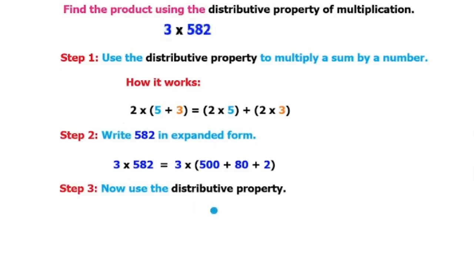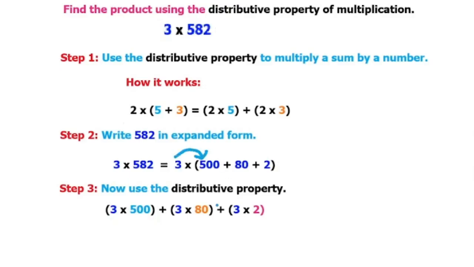So now you can use the distributive property to do the calculation. What you would do is you multiply 3 into 500, then 3 into 80, then 3 into 2. So let's do that.